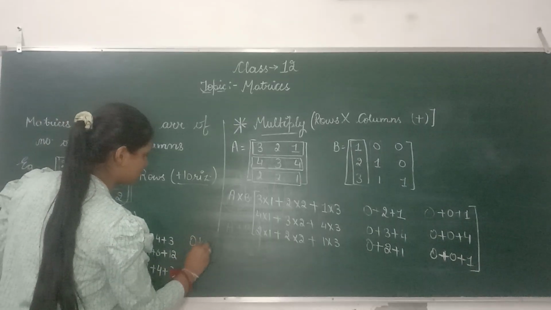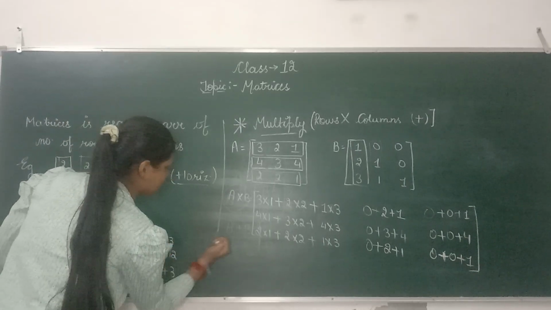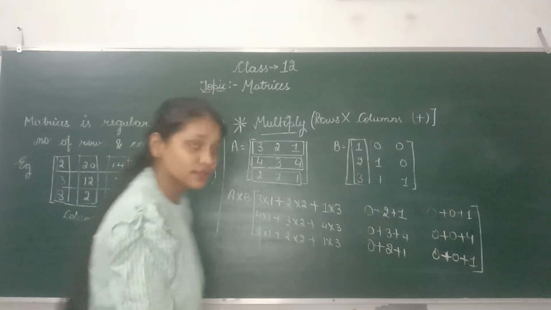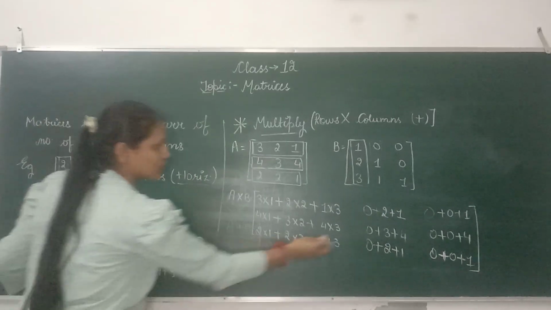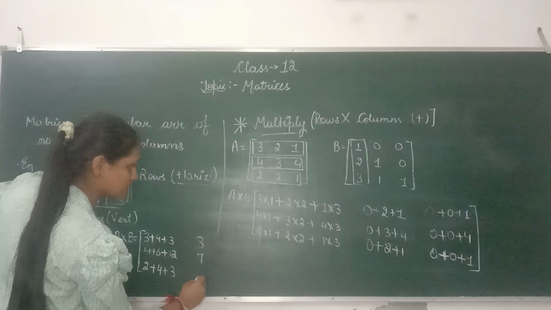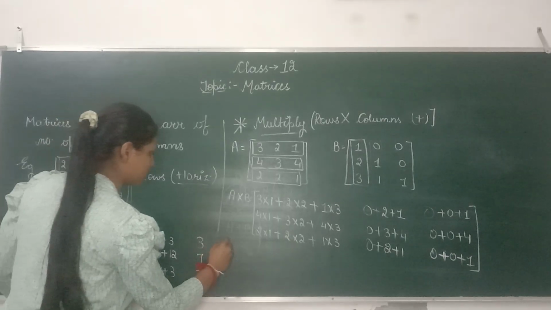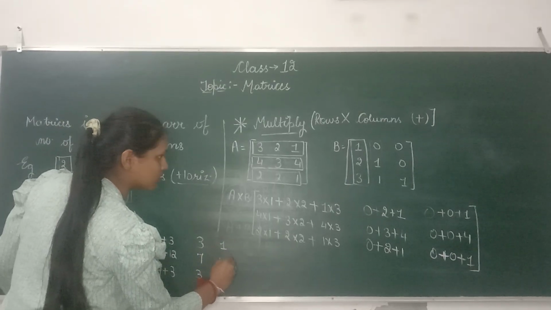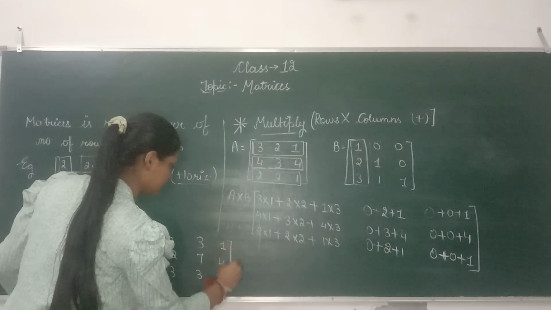Here it is 0, 2, 1. 2 plus 1 is 3. 3 plus 4 is 7 and 2 plus 1 is 3. 1, 4 and 1.